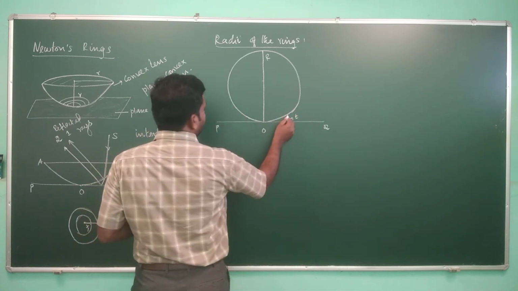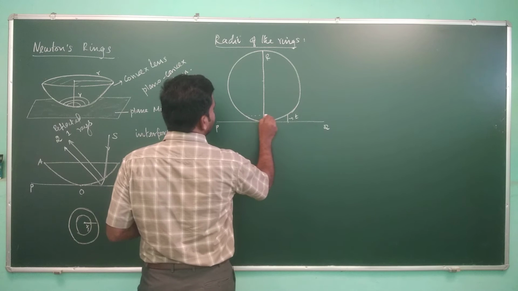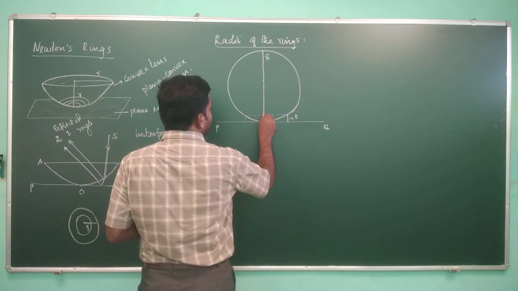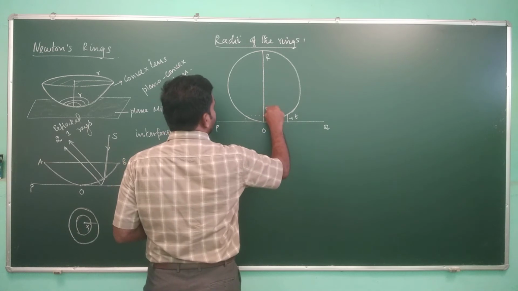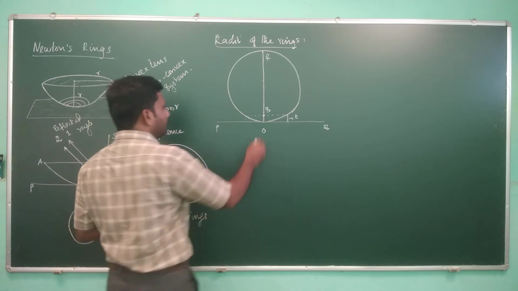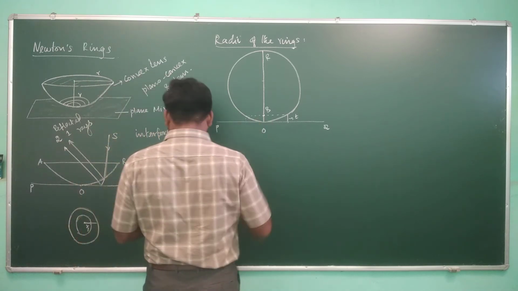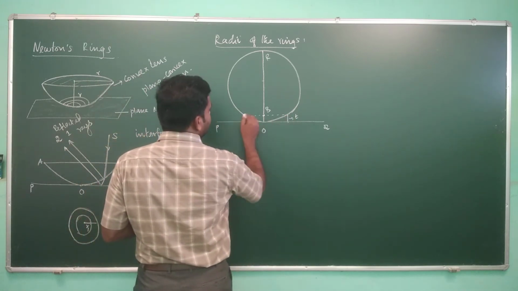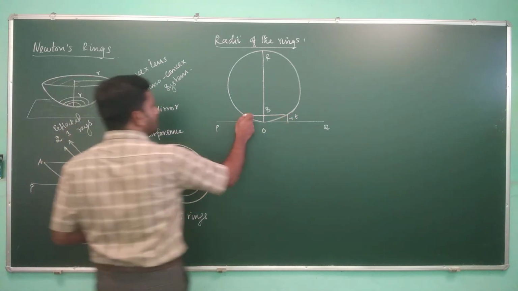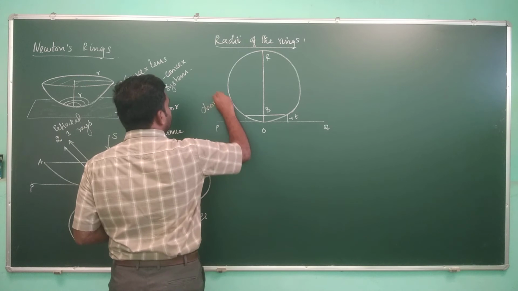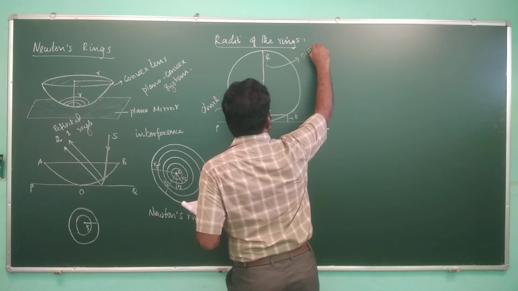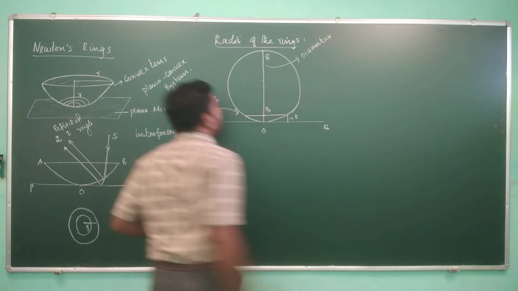You can extend this. Everywhere it is T, so at this point we can define a point B, and this is O. Along the direction of this thickness, we can draw a line in the circle. This line is a chord of the circle, and this is the diameter.